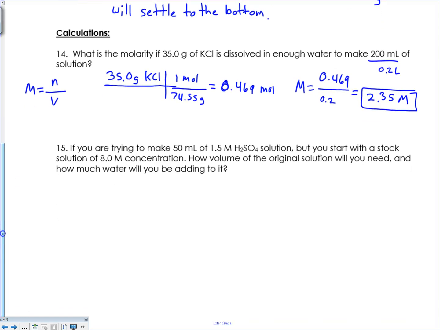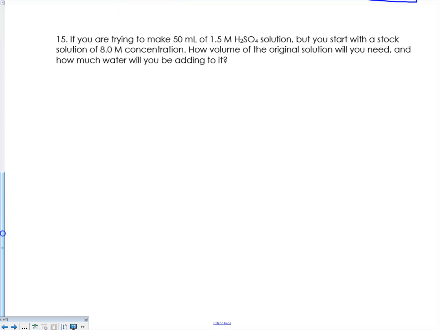Number 15. This one says you're trying to make 50 milliliters of a 1.5 molar H2SO4 solution, but you start with a stock solution of 8.0 molar concentration. What volume of the original solution will you need, and how much water will you be adding to it? The stock solution has a concentration of 8.0 molar.